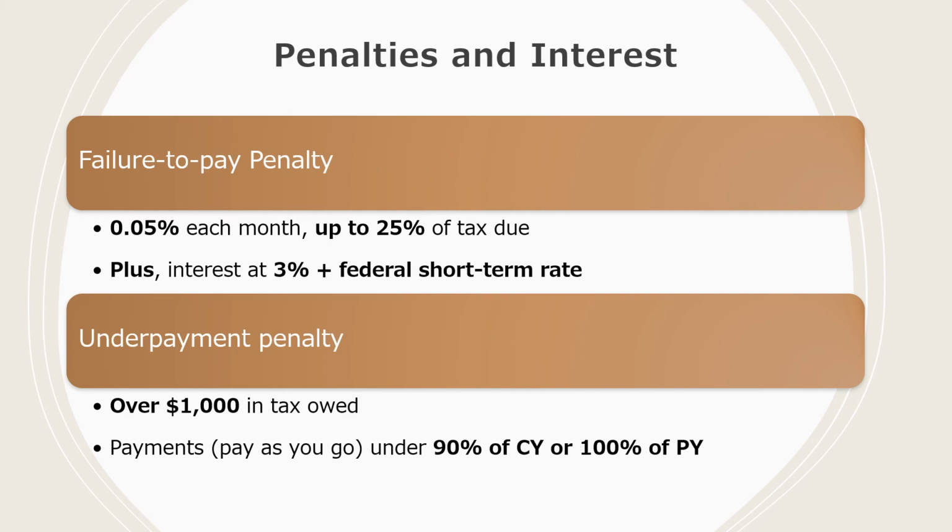Another penalty that we might actually see on returns is an underpayment penalty. And that penalty happens if there's over $1,000 in tax owed when they file their return.